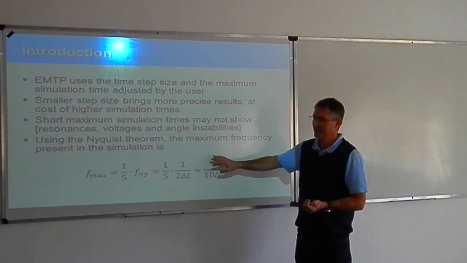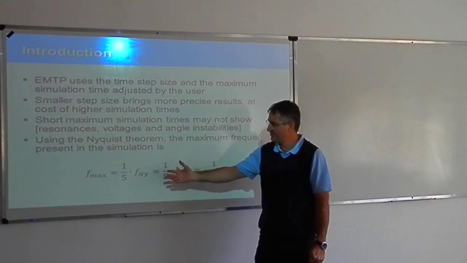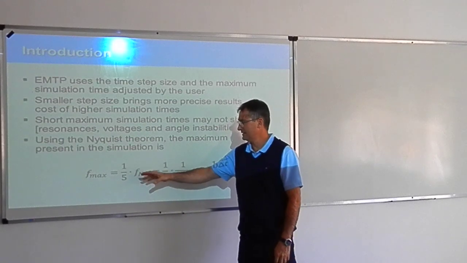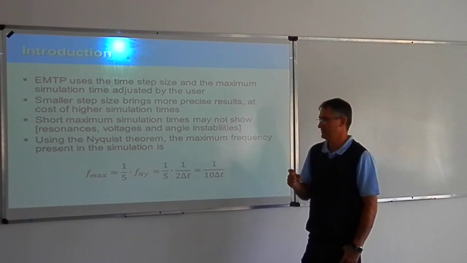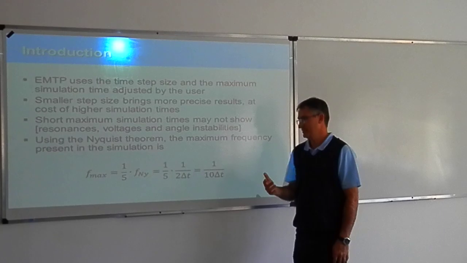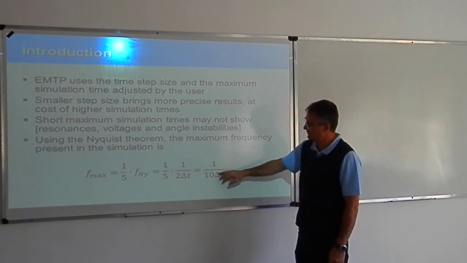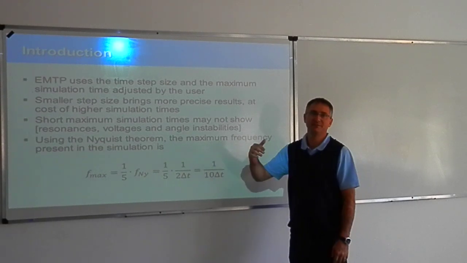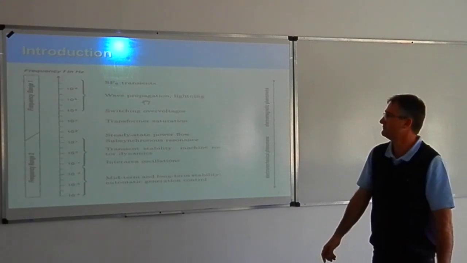For EMTP simulation, a rule of thumb is to relate the maximum frequency with the Nyquist frequency in a way that you take 1/50 of the Nyquist frequency as the maximum frequency you're expected to see in the simulation. And with that in mind, it's easy to calculate the delta T. Delta T becomes 1/10 times the maximum frequency you expect to see in a phenomenon.